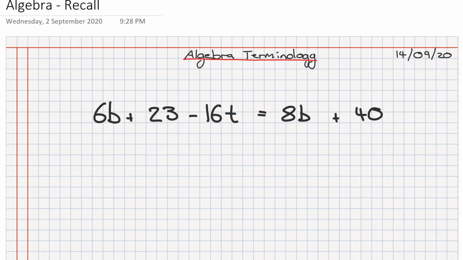What we've got here, you might remember, is called an equation. And the reason we call it an equation is because there's an equal sign here. Now, equations are made up of a number of different pieces. So the first thing I want you to do is draw a box around this here.